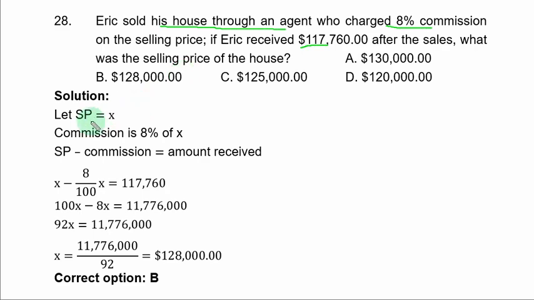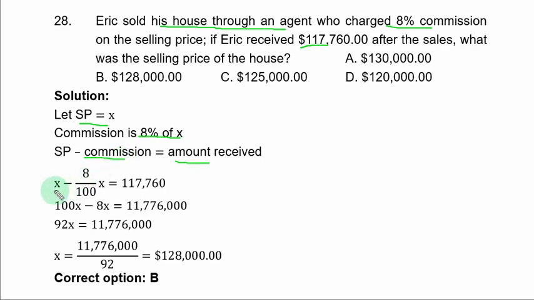So let the selling price be S. Commission is 8% of S. Now the amount he received is the commission subtracted from selling price. You have it in this form.